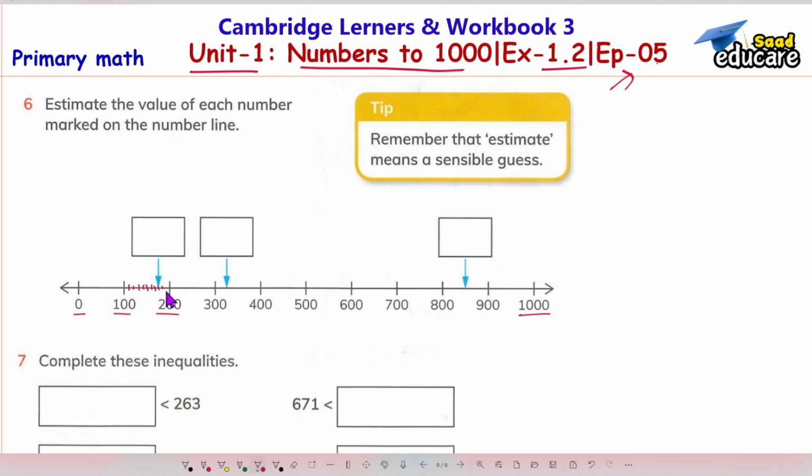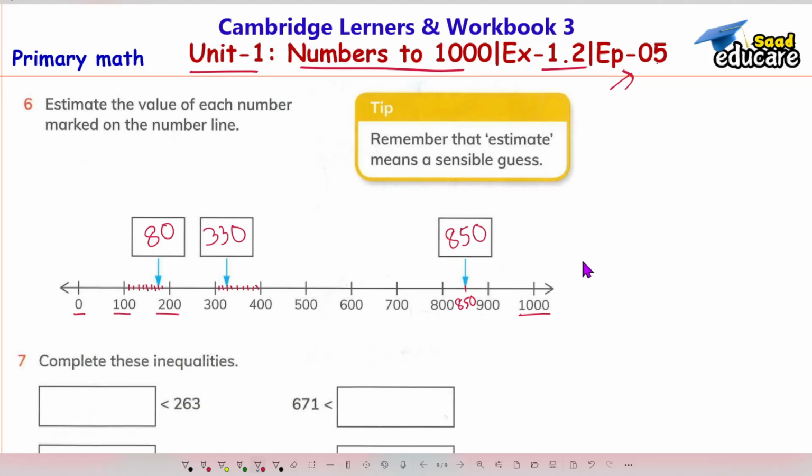So we can say this is 80. And similarly, 10, 20, 30, 40, 50, 60, 70, 80, 90 and 400. So let's think, this is what? 330. And similarly, it's looking like the middle portion, so this is 850 in the middle, so 850.